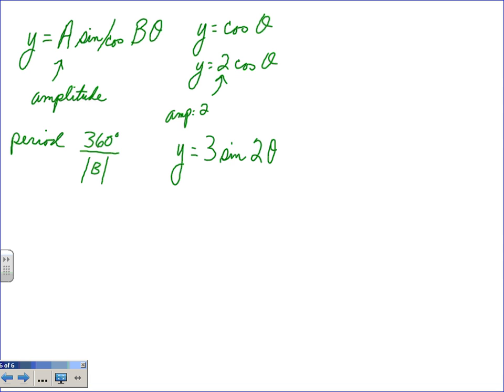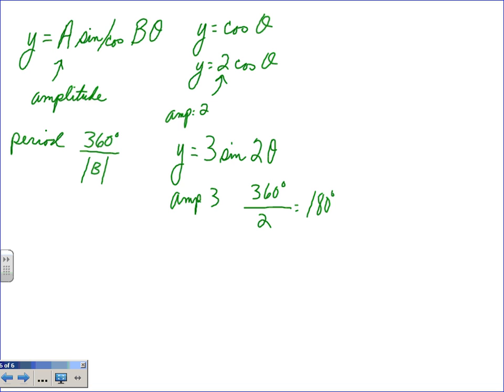I want to know the amplitude and the period, how often it repeats. That's what the period is, how often it repeats. We can say the amplitude on this problem is 3. The period, how often it will repeat, really that's a horizontal compression, is going to be 360 over 2, which is 180 degrees. So it's going to repeat every 180 degrees. We've kind of shoved it in kind of like an accordion.